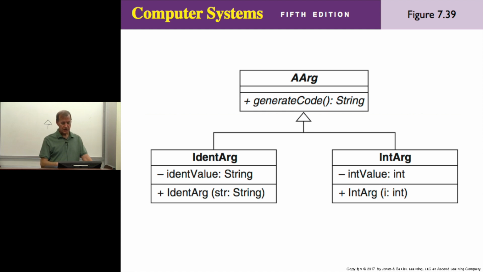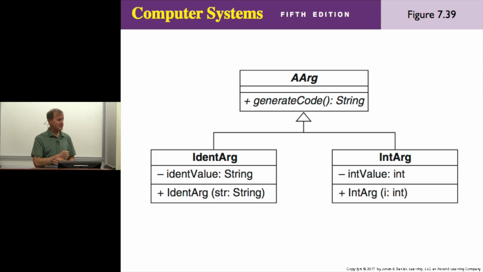Okay, so here an ident arg is an abstract argument, and int arg is an abstract argument. Right? And what does the ident arg have for its attribute? A string for its attribute. And what is that minus? That's private. Okay? But then ident arg is public, and it has the same name as the class ident arg, so it must be a what?